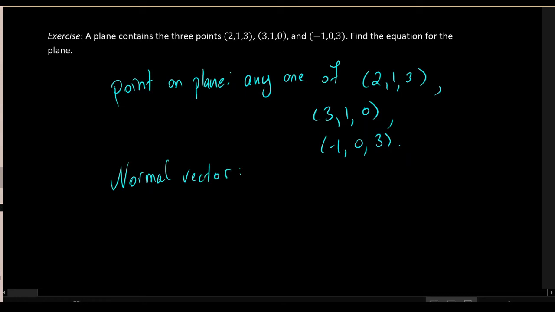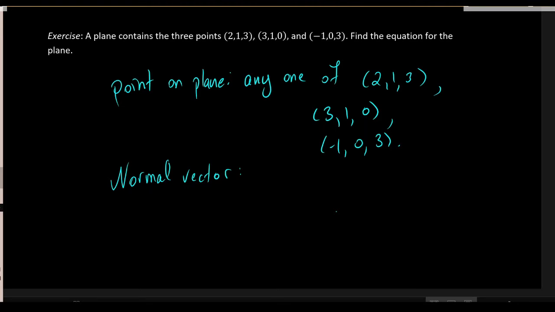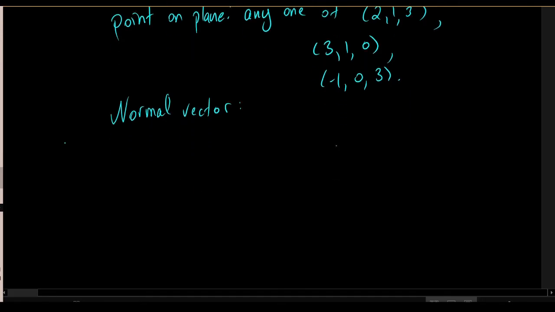So how do we find a vector that's normal to the plane, given this information? Now, we saw in the previous exercise how to find the normal vector if we knew two vectors that were contained in the plane. Then we could just cross those vectors, and the cross product would give us a vector that was normal.